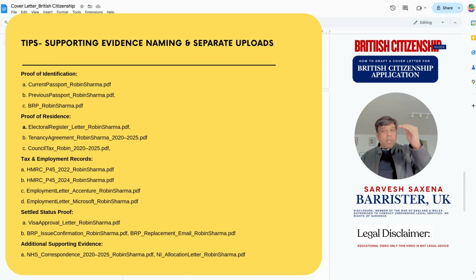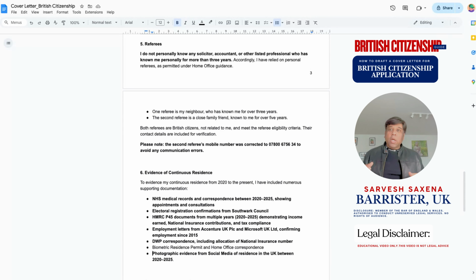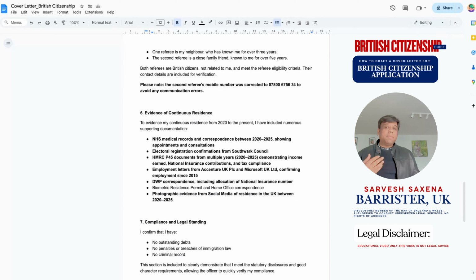So if you do 1, 2, 3, 4, 5, 6 like that, and you upload separately under the tab of continuous evidence of residence, it would become easier for the case assessment officer to follow and make a decision, right? If you amalgamate or consolidate all of them into one single file, they'll be scrolling through it, and I do not recommend it.